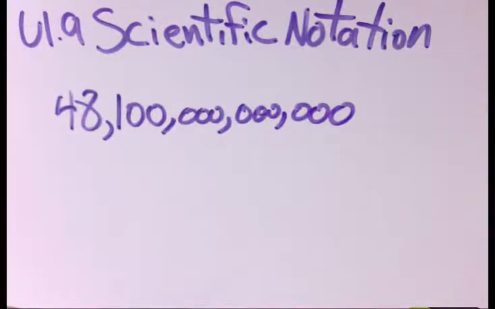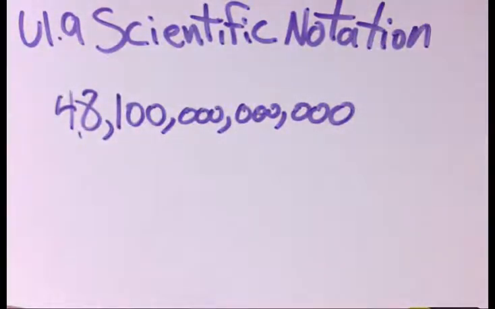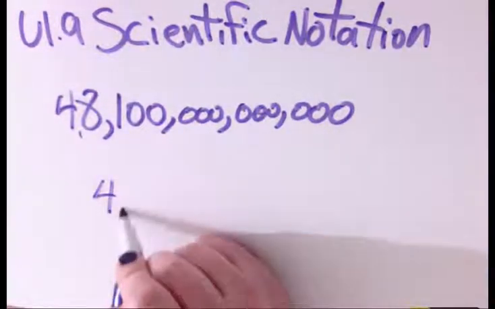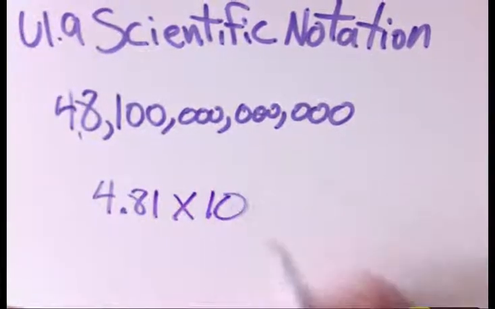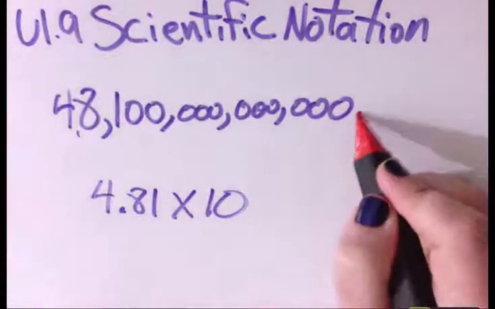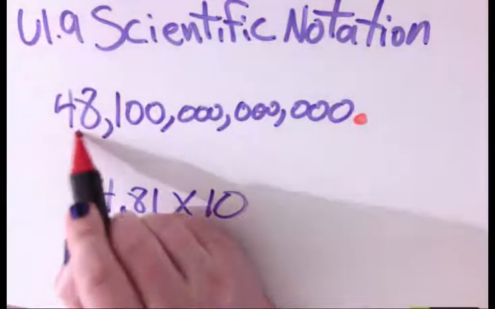Alright, so if I have this number here and I want to put it into scientific notation, I know I'm going to have to get this so the decimal point is here. So 4.81, and then you have to put in that times 10, and now we have to figure out what our exponent is. So our decimal point is currently right here, and we want to get it to this point here.